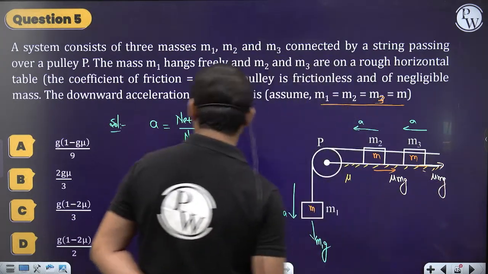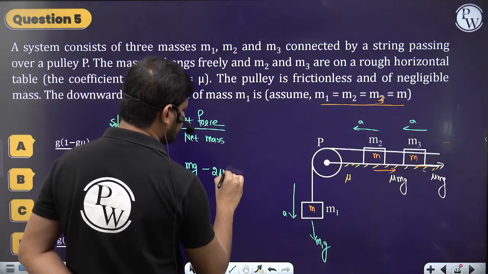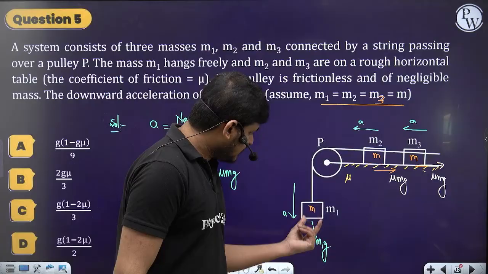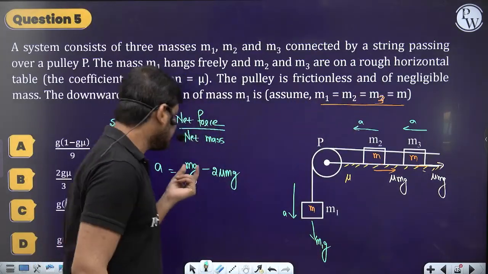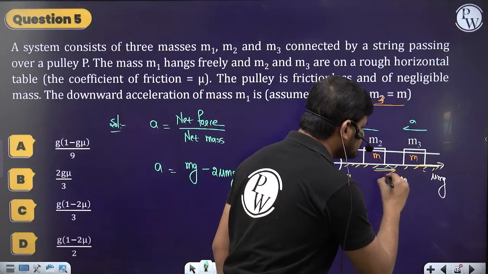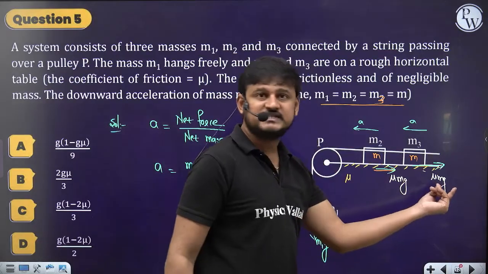So mg minus 2 mu mg is the net force. The m1g, with m1 equal to m, I am writing as mg, minus the friction force this side and the friction force to the right. This is mu mg, this is mu mg.